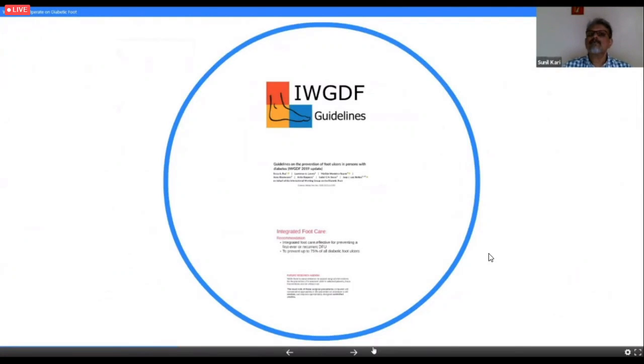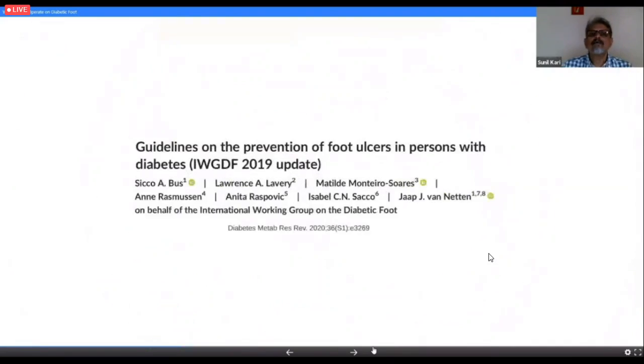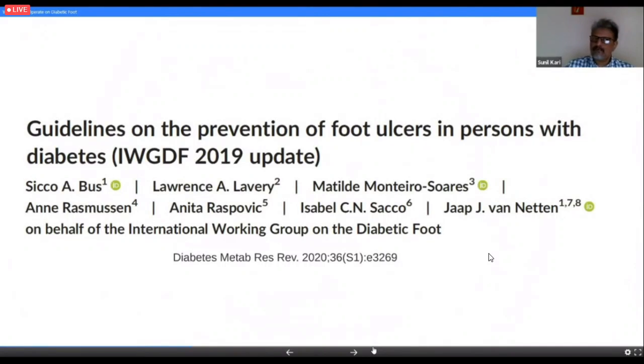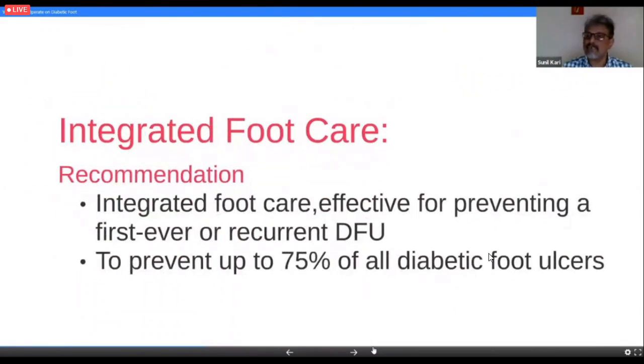When you look at the International Working Group Diabetic Foot Guidelines, as we are going through some of the aspects of non-surgical and surgical offloading devices, the guidance by the excellent authors, Bus and co-authors, has made it very clear that integrated foot care has been very effective in preventing first ulcers and recurrent ulcers, and it has been successful in preventing 75% of all diabetic foot ulcers.